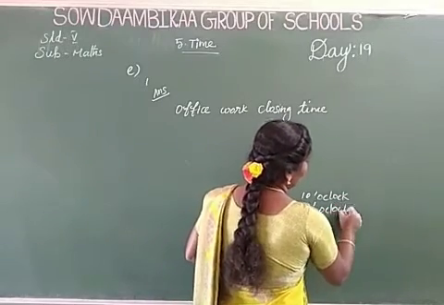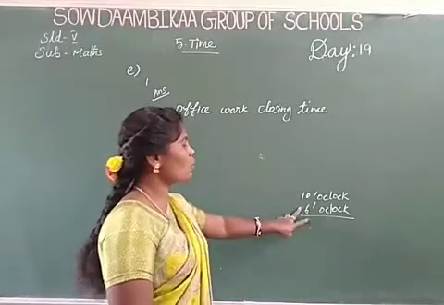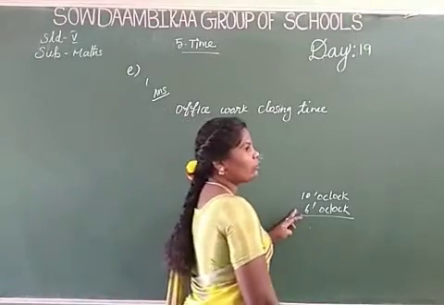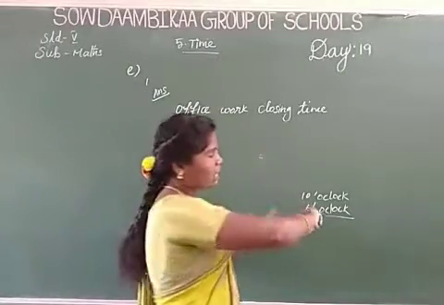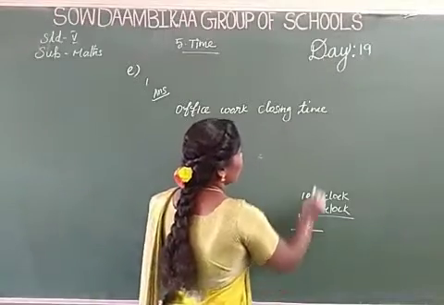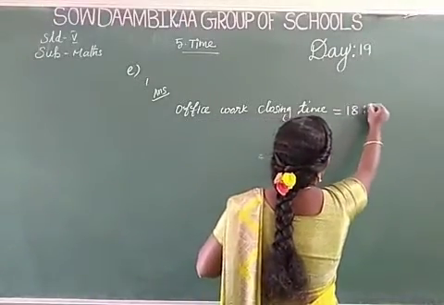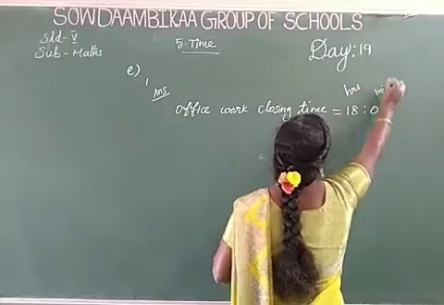Now, the evening 6 o'clock, you change to railway time. What do you do? Plus 12. So 12 plus 6, how much? 18. So the ending time is 18 hours 0 minutes. Okay.